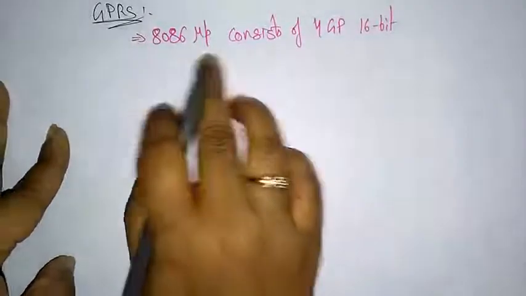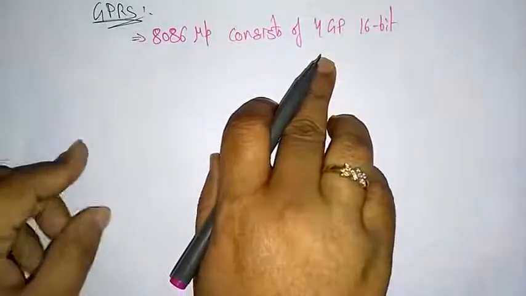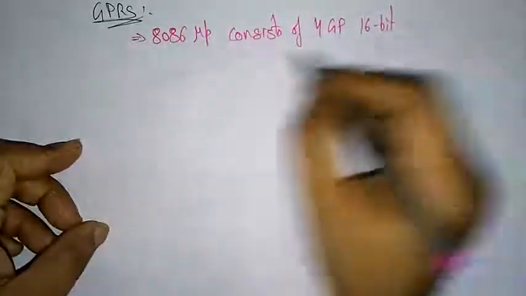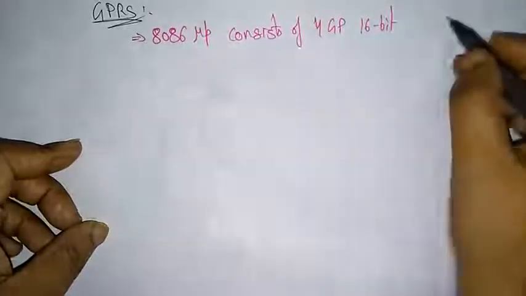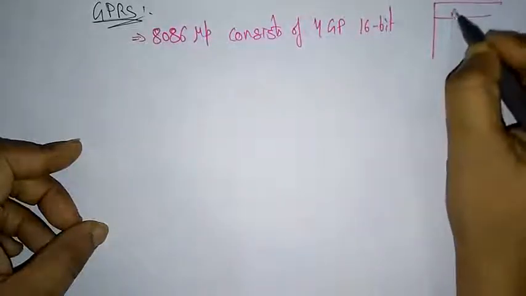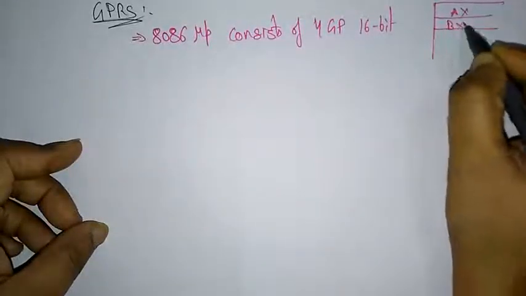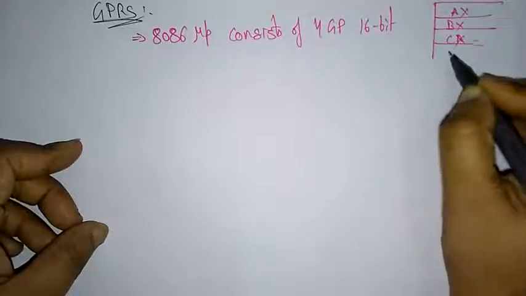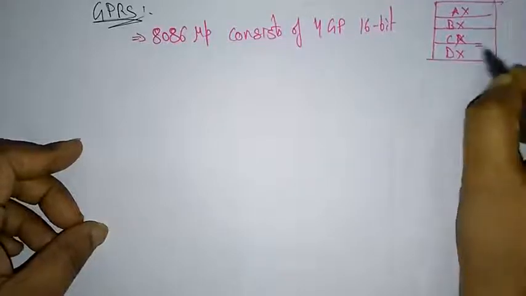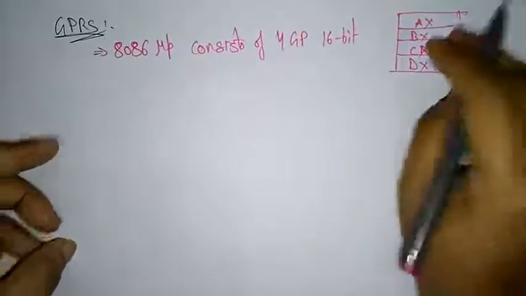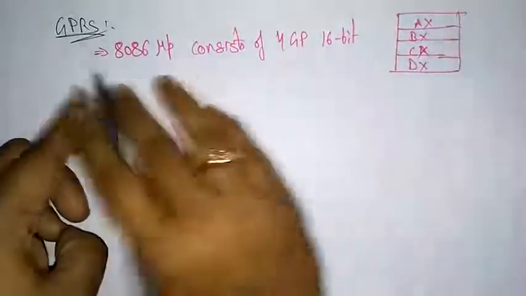Those are AX, BX, CX, DX. These are the four 16-bit registers called general purpose registers.